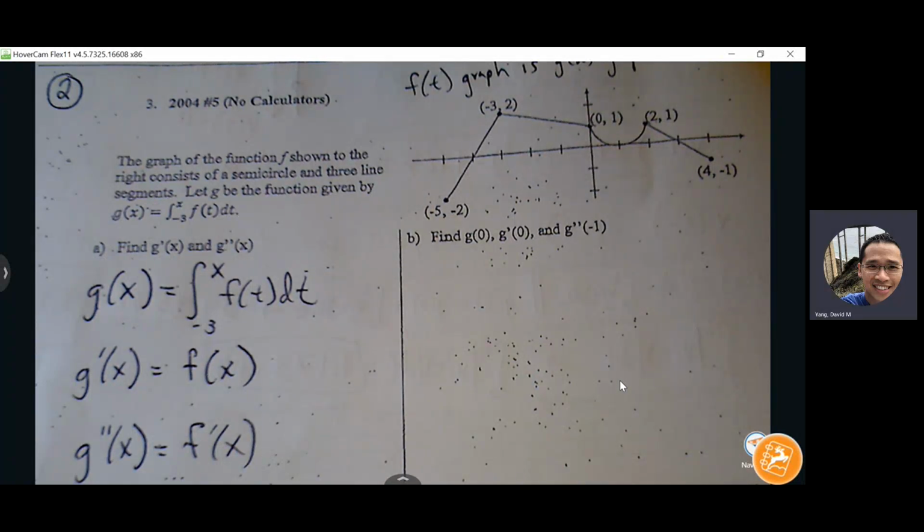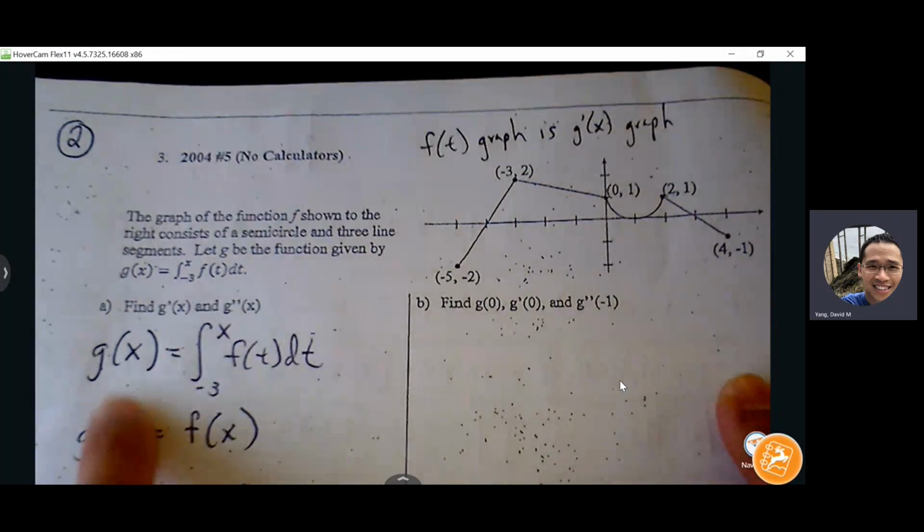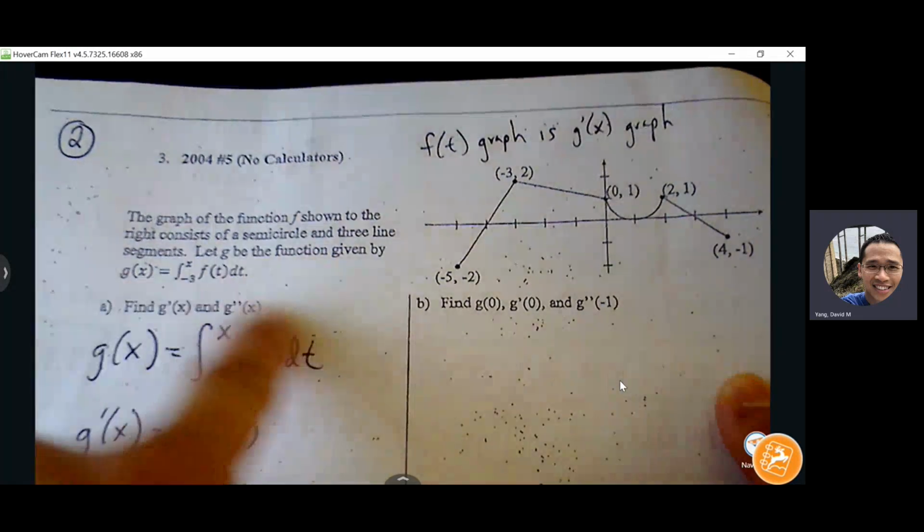Part B says find g of 0. All we do is plug 0 into the formula that's provided for us.